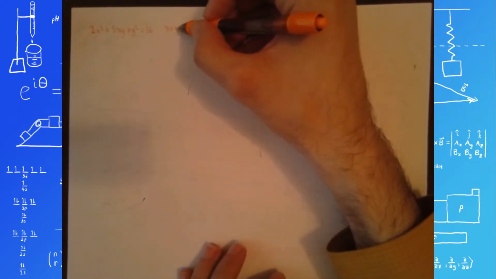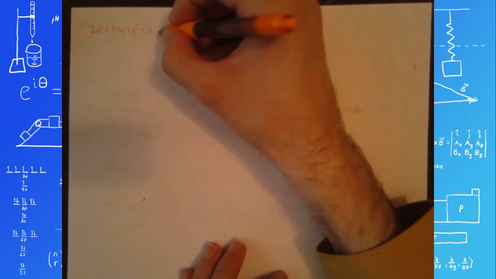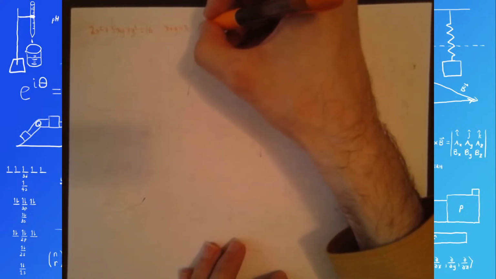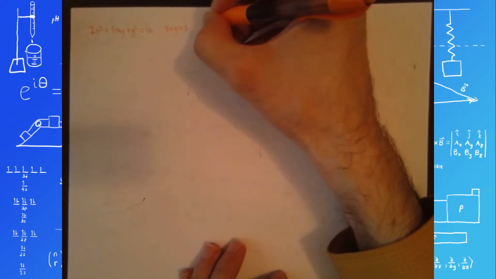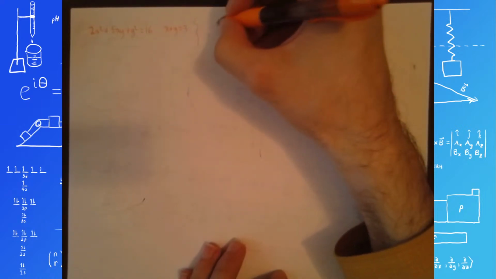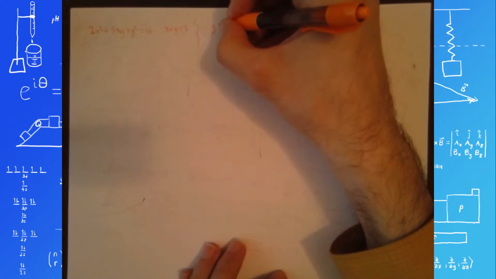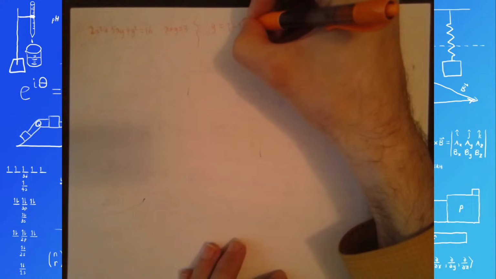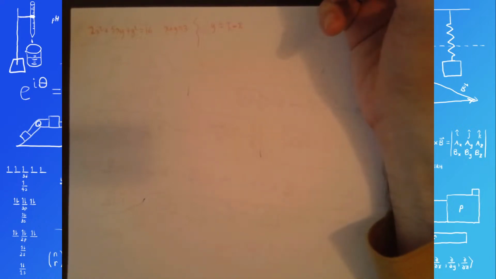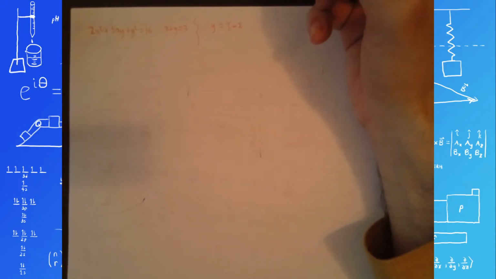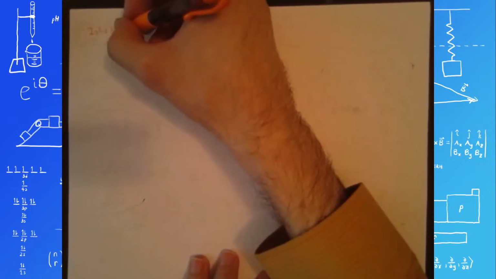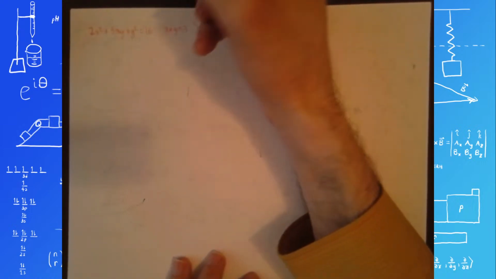So I'm going to take this second equation over here and rewrite it as, let's do y. Let's do y equals 3 minus x. It really doesn't matter which one you pick. And then I'm going to plug that in. I'm going to substitute that for y in here.